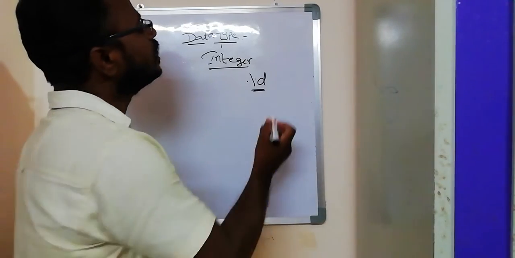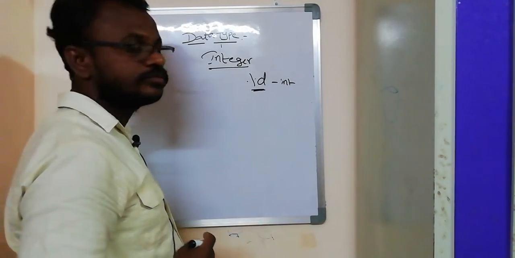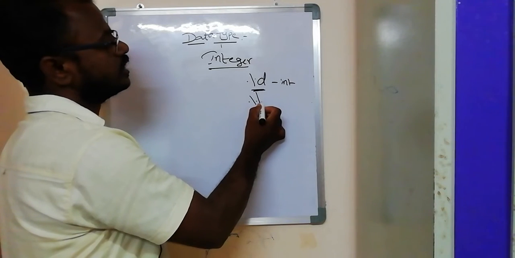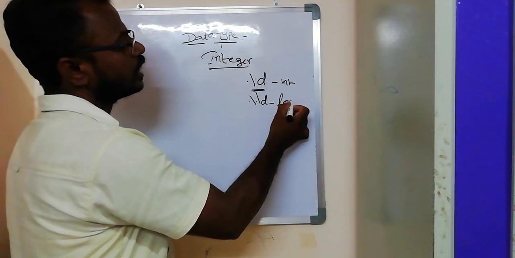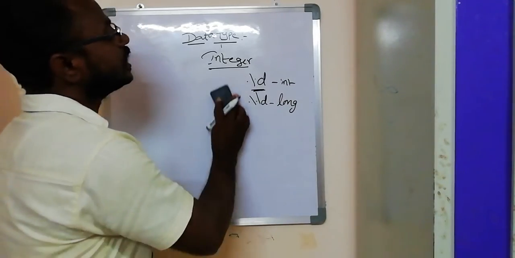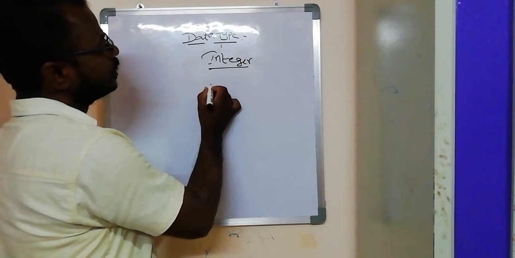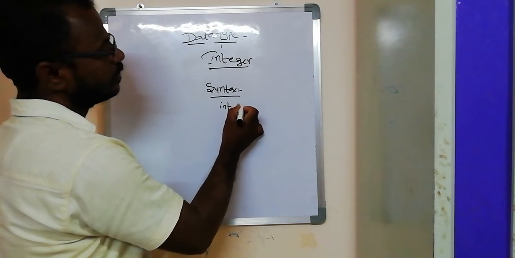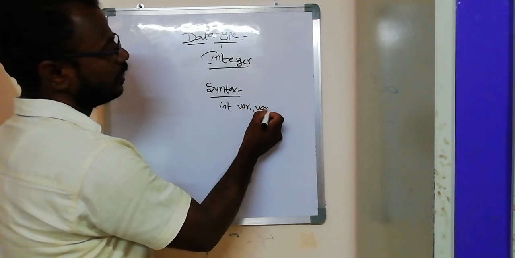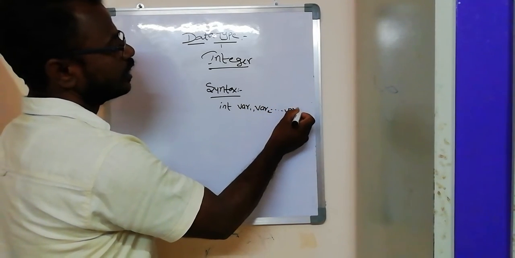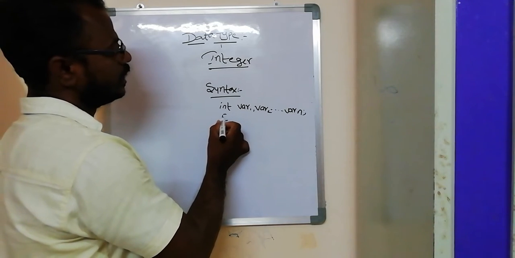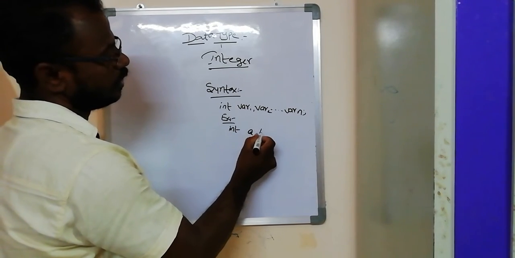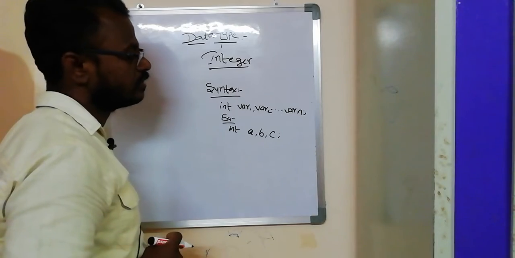To print a long value, the format specifier is %ld. See the syntax of the int keyword: int variable1, variable2 and so on, up to the nth variable. Similarly, an example of the int keyword: int a, b, c, where the final variable is c.